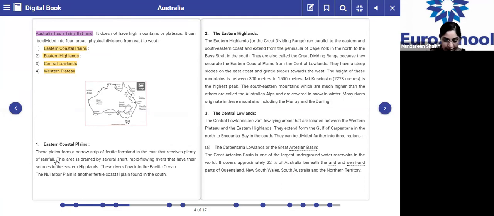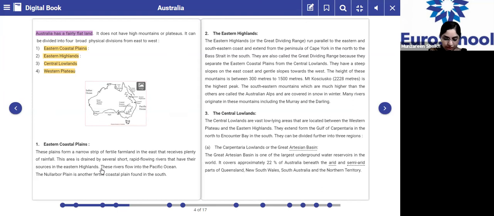Why is it formed in this way? Because it receives plenty of rainfall. This area is drained by several short, rapid flowing rivers that have their sources in the eastern highlands.